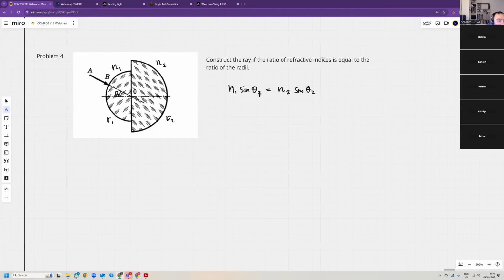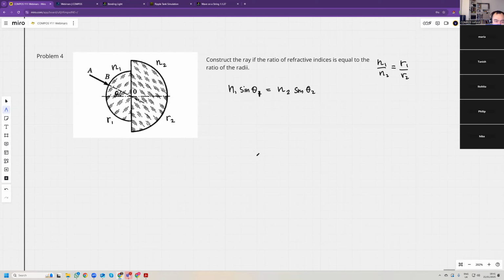Okay. Now, not sure how this helps. It says the ratio of the refractive indices, N1 to N2, is equal to R1 to R2. So somehow we need to link the radius of the sphere.